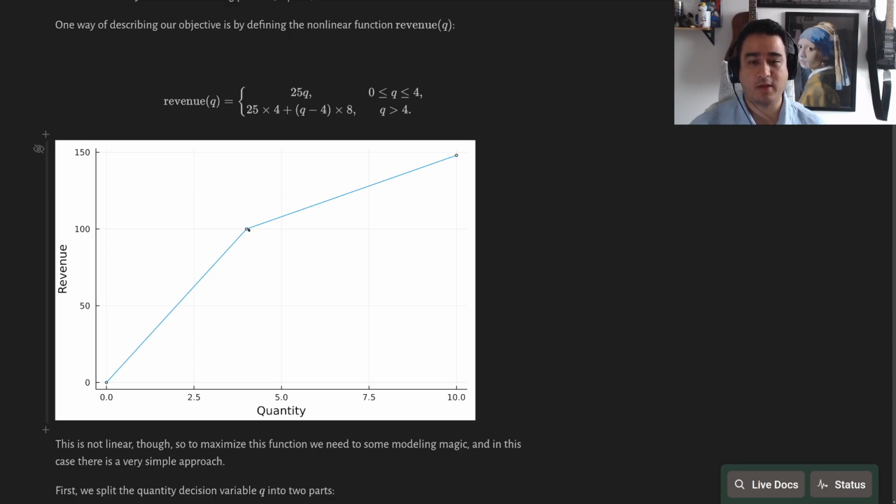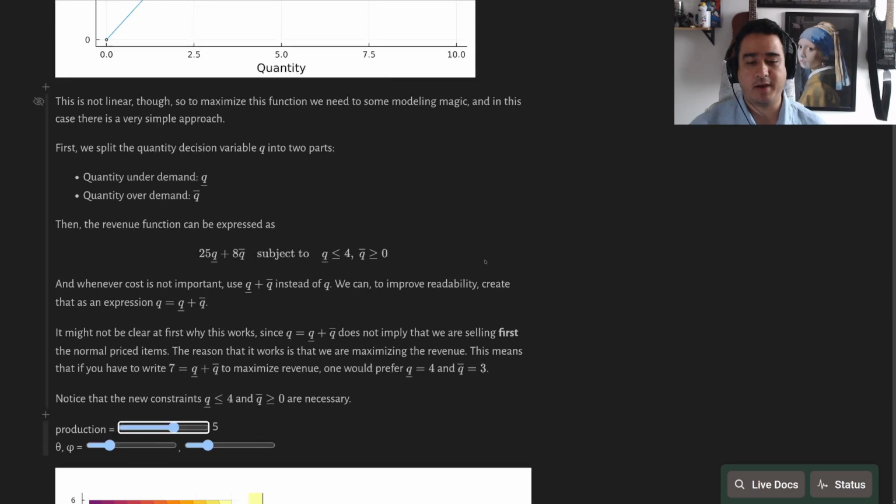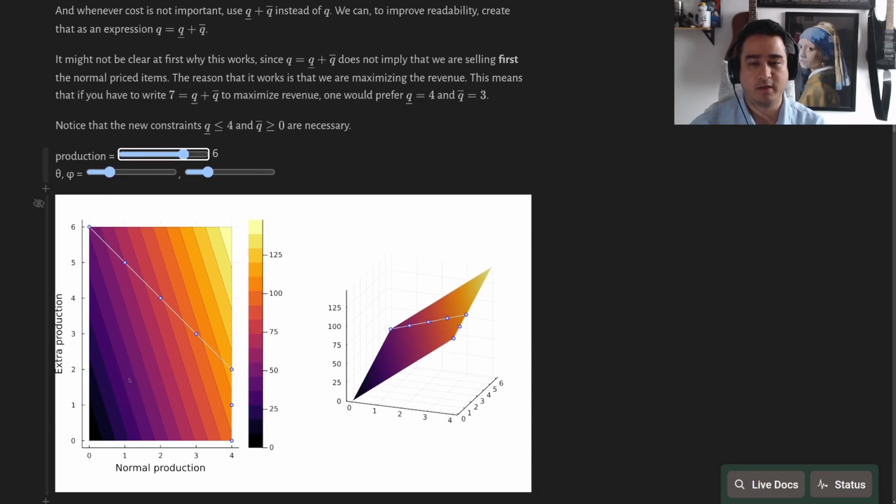Instead of having a single variable and a single revenue, I now have 2 variables, and at first I have a revenue that depends on these 2 values. But when you actually try to maximize, you're essentially forcing your choice to be extra production equals 0. And then when your normal production is 4, you increase the extra production and keep your normal production at 4.